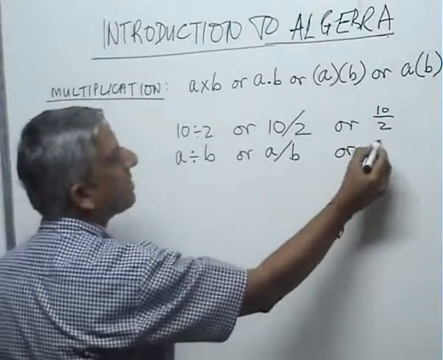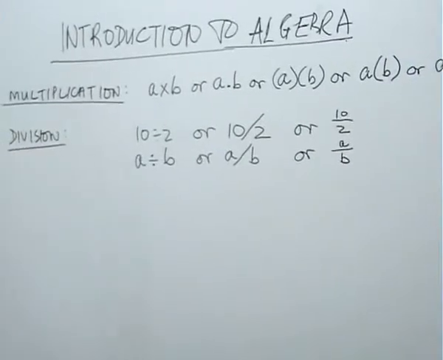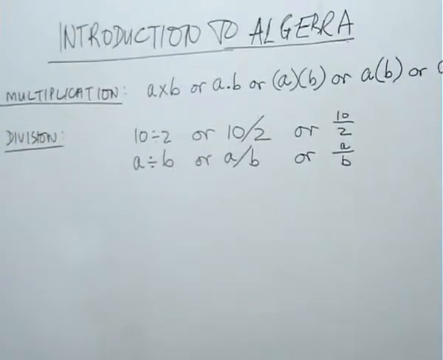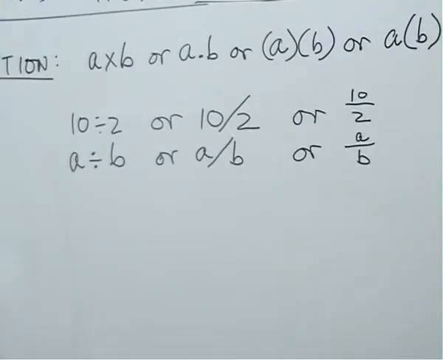Therefore, this one can be written as A on top and B at the bottom. So we must be clear that there are many signs for multiplication, and for division we've got at least 3 different ways to write division. Okay, let's move on.